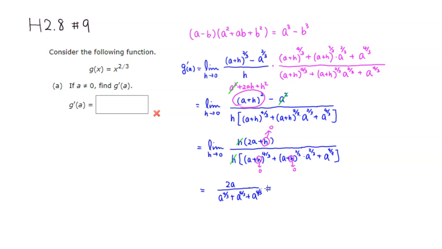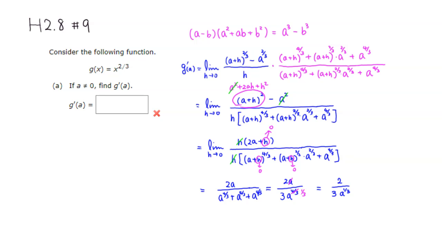We have 3 of those on the bottom, so you have 2a over 3 times a to the 4/3 power. Then we can cancel a and 4/3, so 1/3 is left over. It's just 2 over 3 a to the 1/3 power, or you can use a cube root if you want.